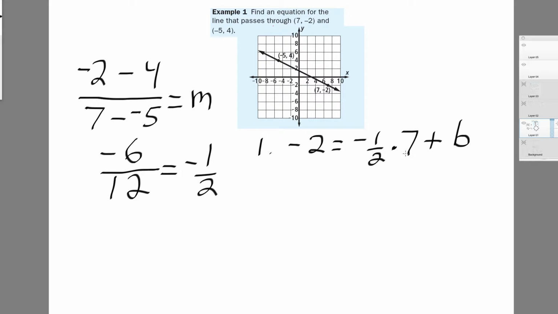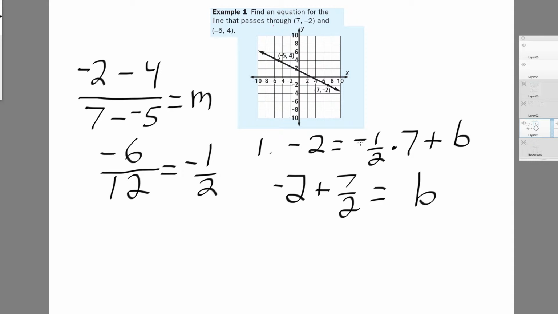And so we're going to add 7/2 to both sides. So I got a -2 plus 7/2 equals b. I kind of took a shortcut here.